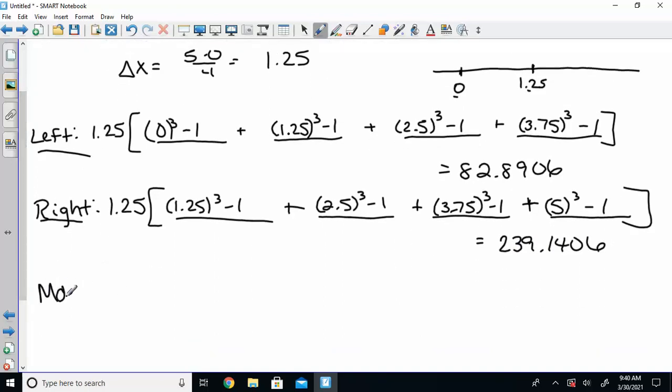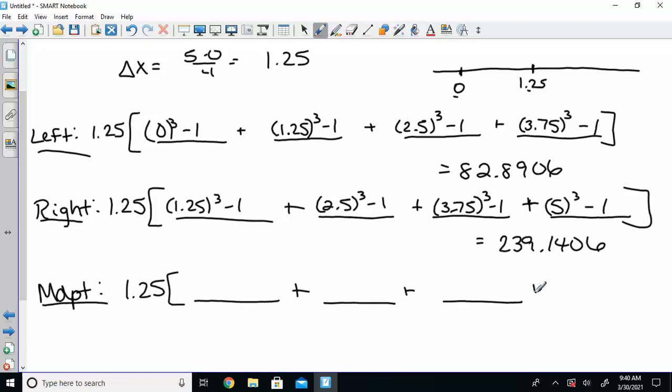Midpoint. Same setup, but I have to plug in the middle of these. To find the middle, average them: add them up, divide by 2. So the first thing I plug in is 0.625.